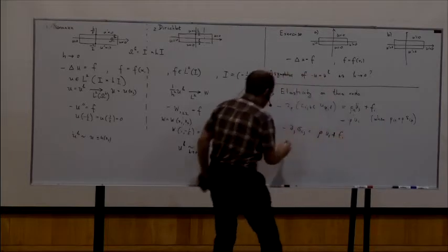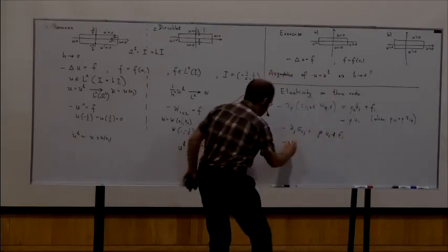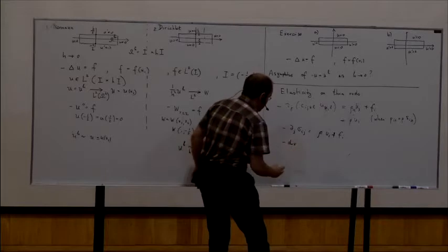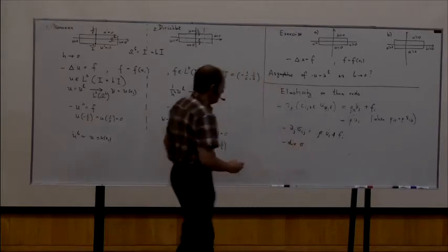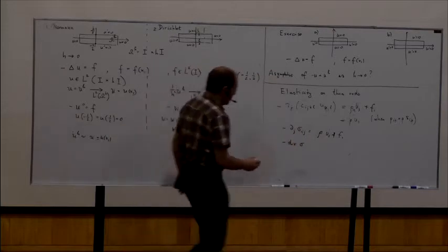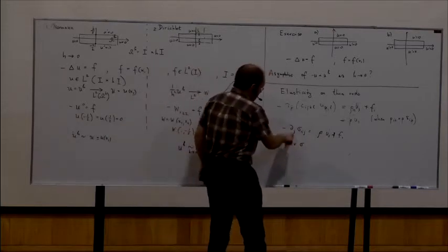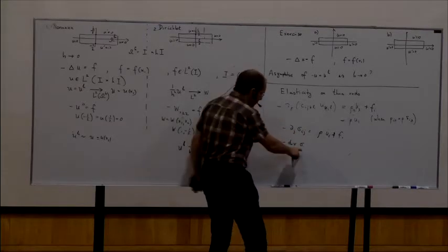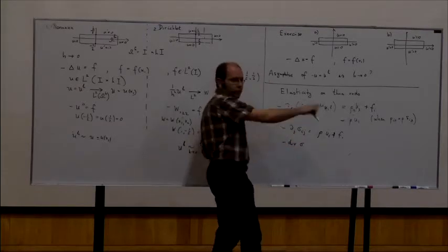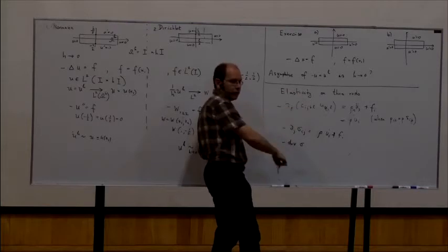So what is this? This is, in other words, the divergence of some matrix. As you can see, this divergence is taken row-wise. So you take a matrix sigma and you take the divergences of each row, and you get a vector.